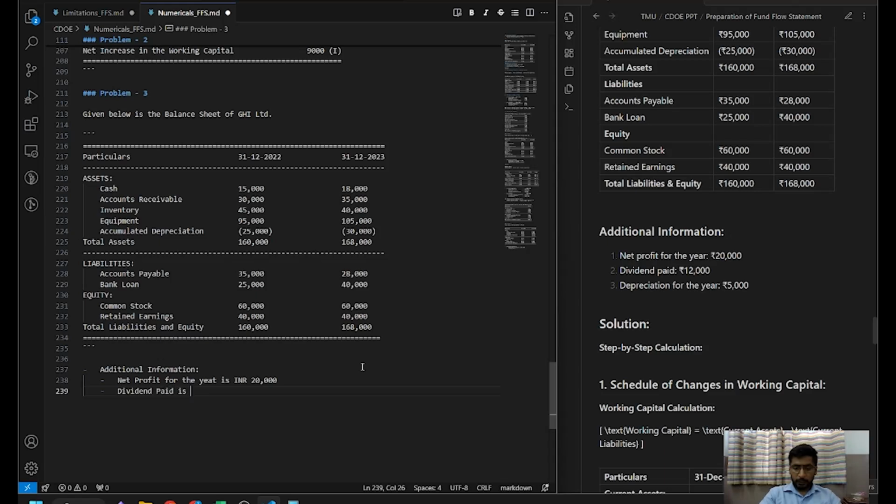Dividend paid is 12,000, and the depreciation for the year is 5,000. This is given to us. Now, let us proceed towards the solution.